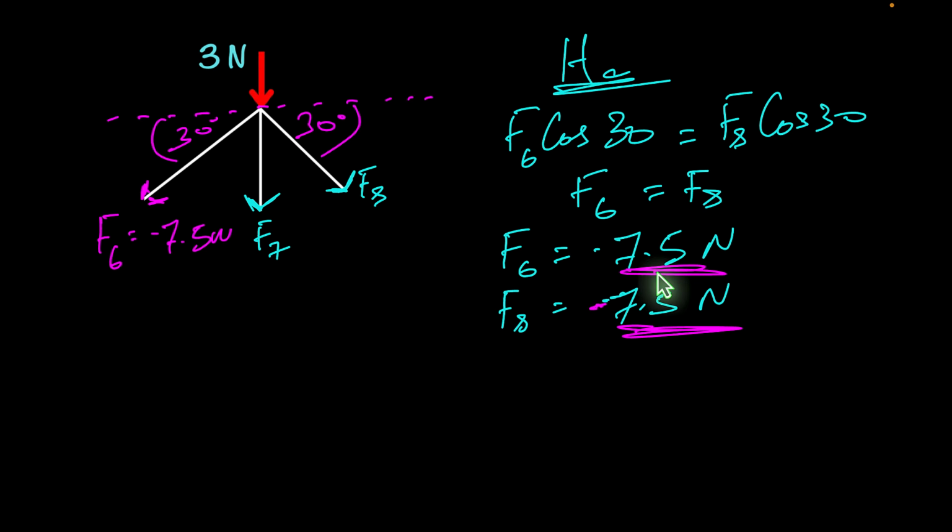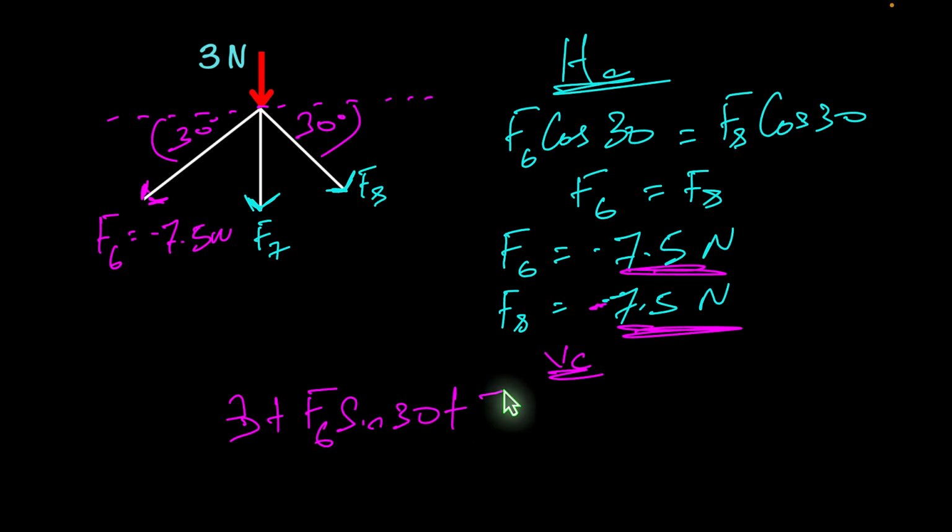So the next one would be our F7. So let's work out our vertical force components. Now all of these are going downwards, so this should all sum to be 0. So our vertical force components now, what we have going downwards are 3 newtons, plus now we will have F6 sin 30, plus this F7, that's purely vertical, so no horizontal component, plus F8 sin 30, and all of that will be equal to 0.